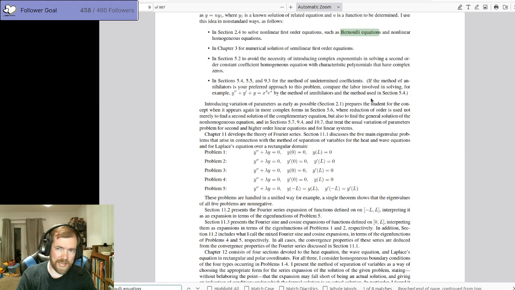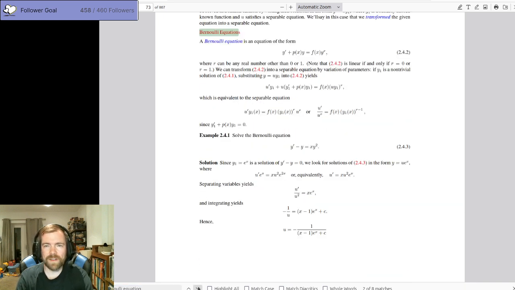This is an 800-page book. Okay. Yeah, there we go. Yep, first order. So y prime plus p of x y is equal to f of x times y to the r. So when r is equal to 0, we do our typical differential equations as we saw earlier.